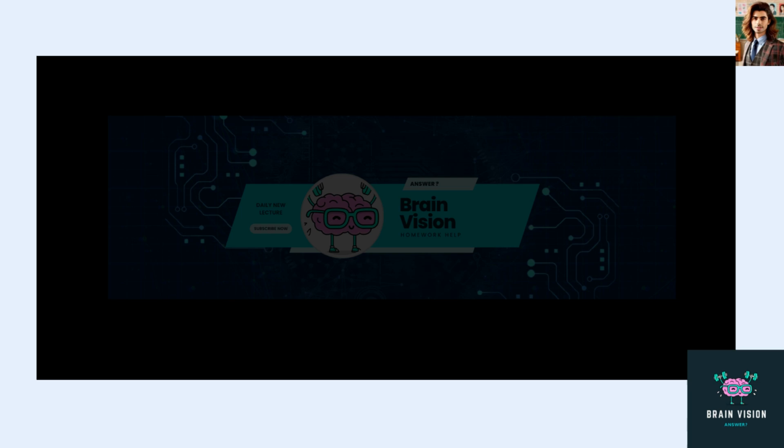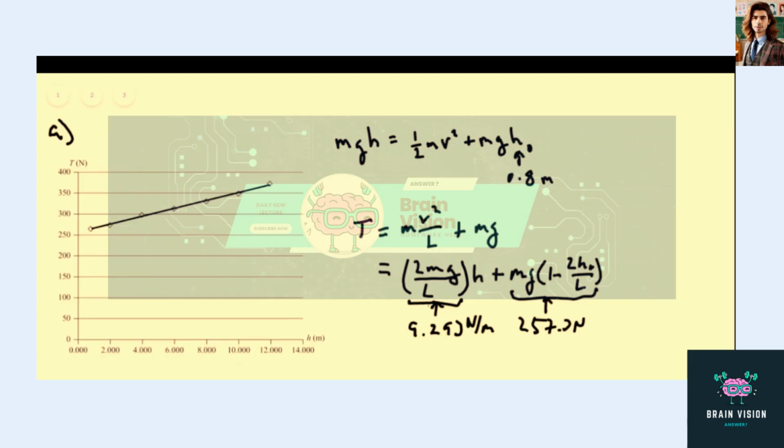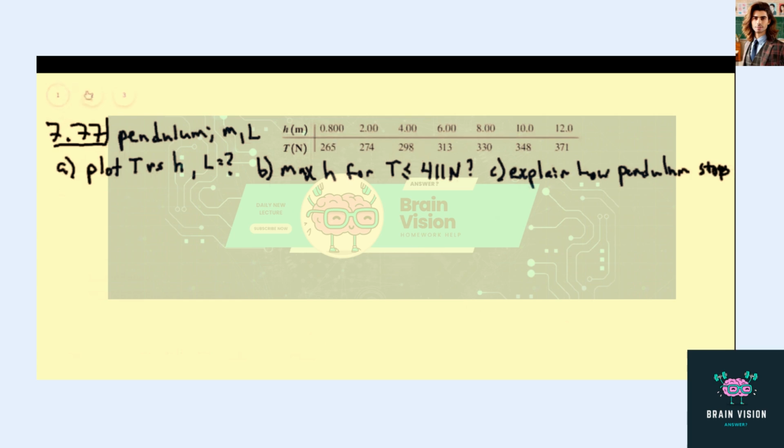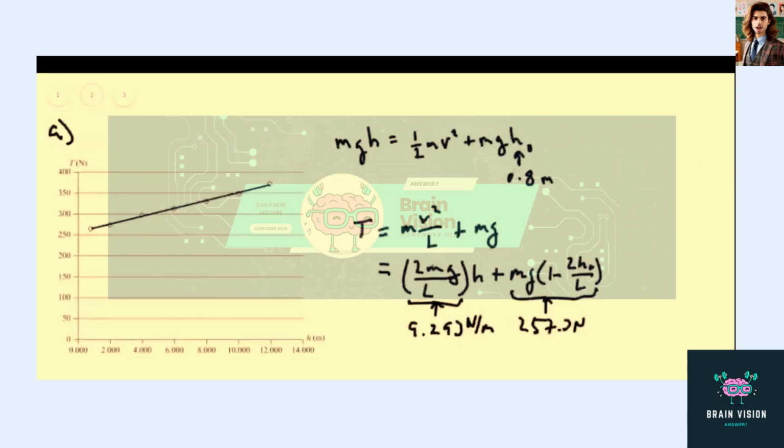And so 2 mg over L is 9.293 newtons per meter. We know mg is 265 newtons. We know 2 mg over L. We can just solve this for L. And this ends up being 57 meters.